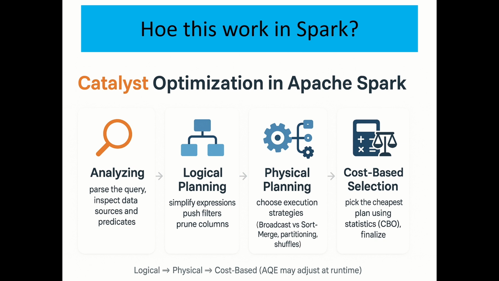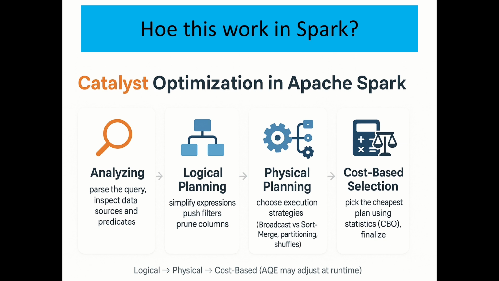Now you are providing your script. It will prepare a logical plan. It will simplify every expression. It will filter out the data and columns which are required to process what you want. It will do all the planning of what you need to do to achieve the desired result you have written in your code.